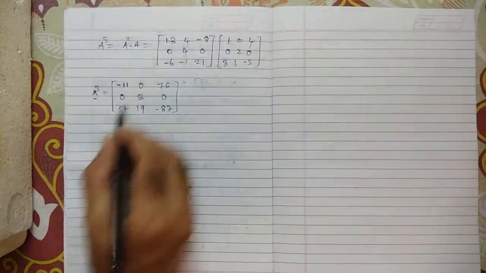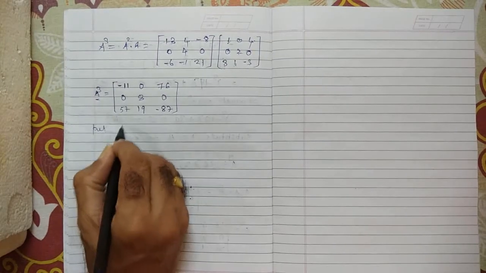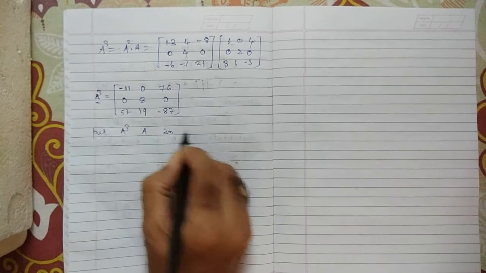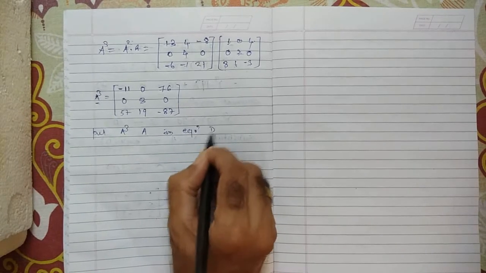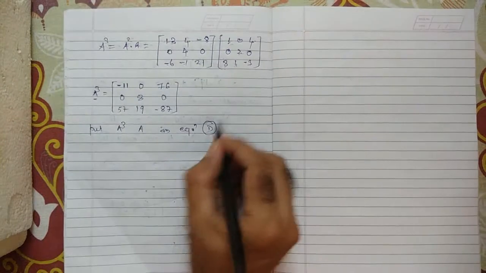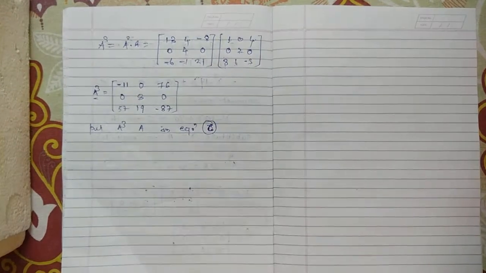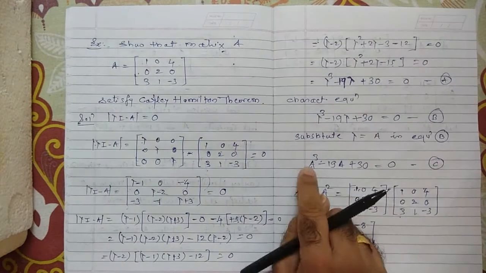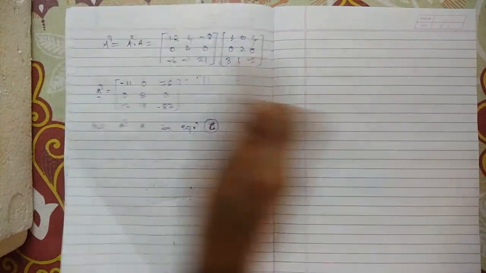Substitute the values of A cube in equation C. Now see here, this is A cube, so we will write down A cube first.